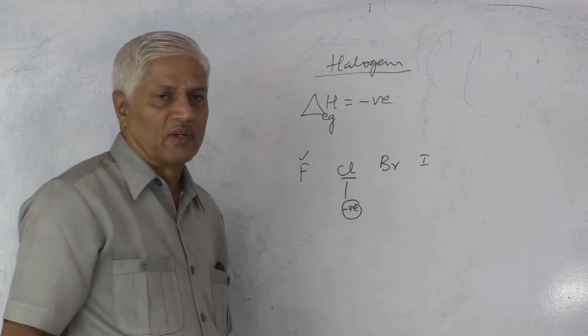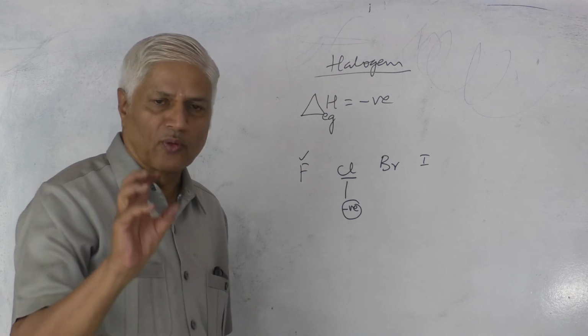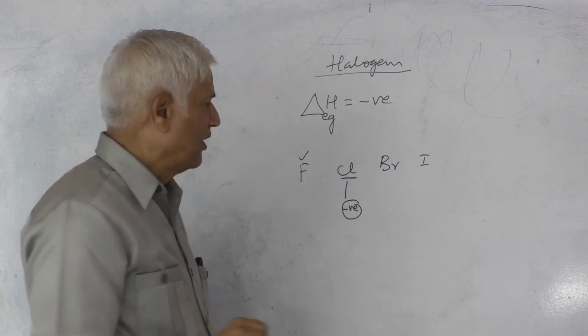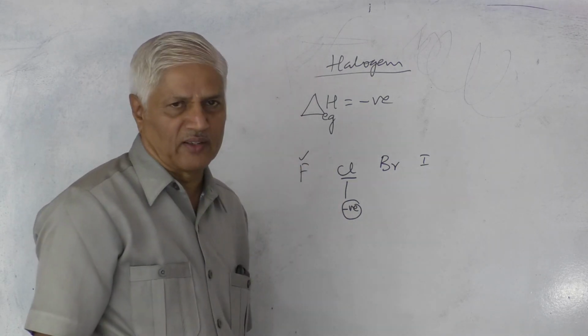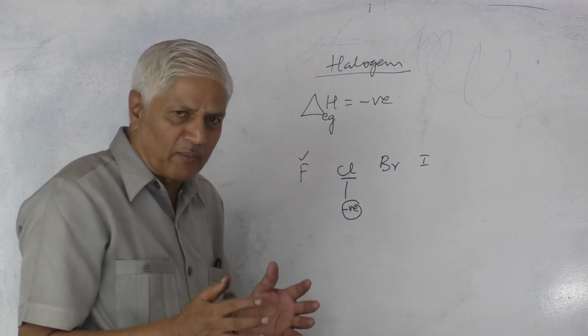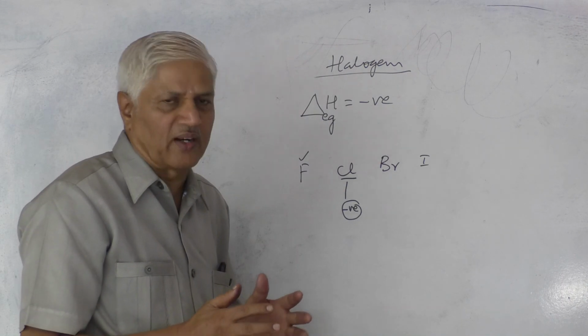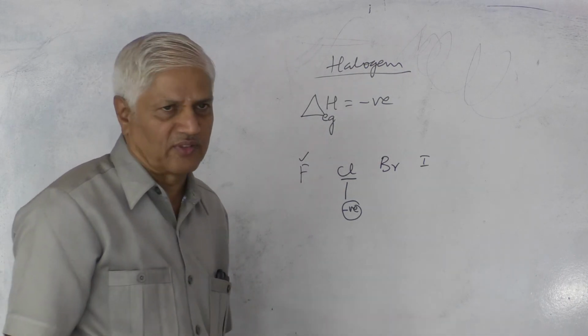How come? We expected fluorine. Fluorine is the smallest halogen. It has 2p orbitals, while chlorine has 3p orbitals. 2p orbitals are very close to each other compared to 3p orbitals.